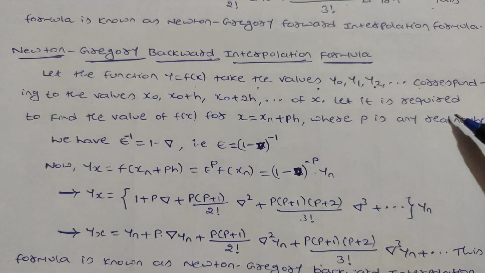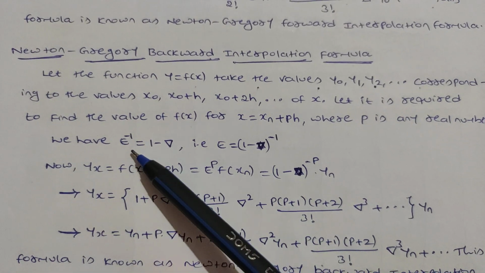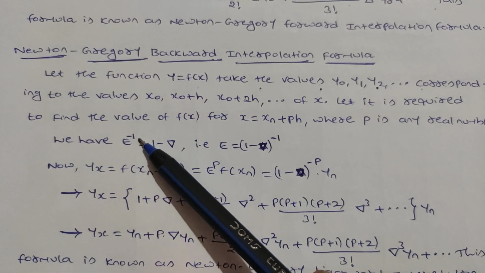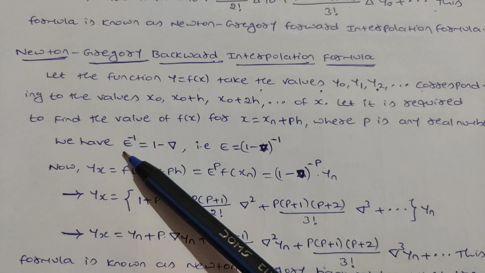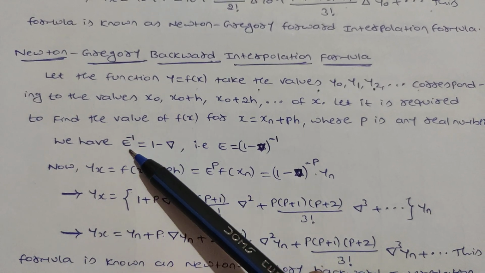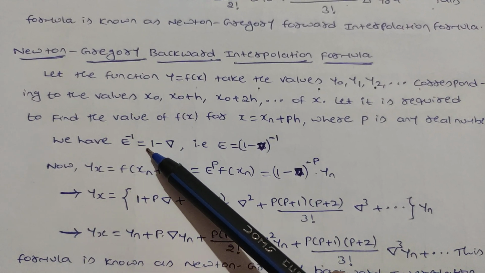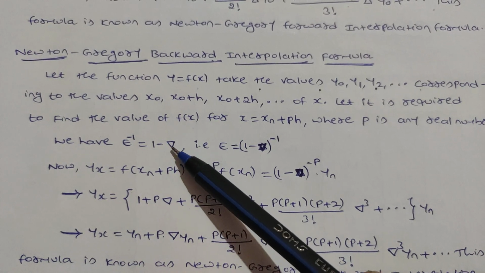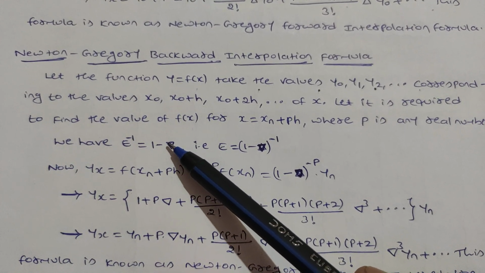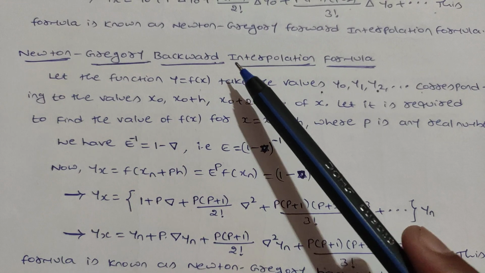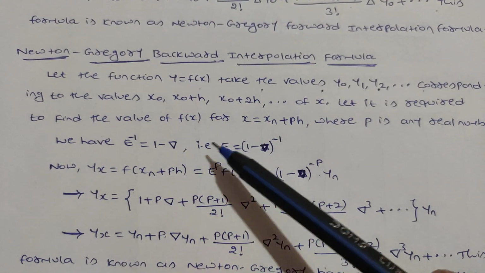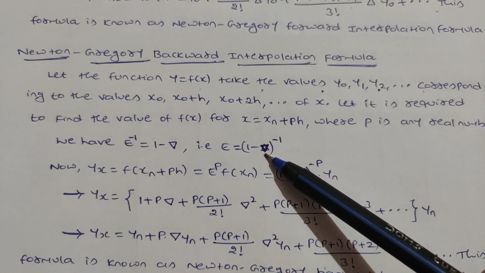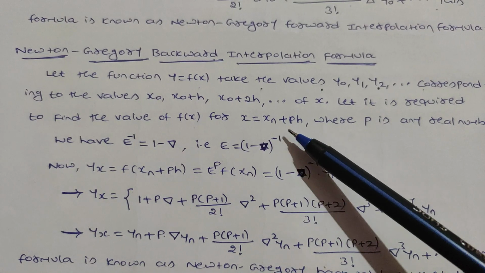As we know that p is any real number, we have E to the power minus 1. We have observed all these properties in the previous class itself. E to the power minus 1 can be considered as 1 minus del, where this symbol stands for the backward operator. That is, E equals 1 minus del to the power minus 1.